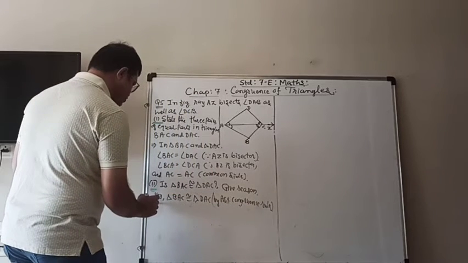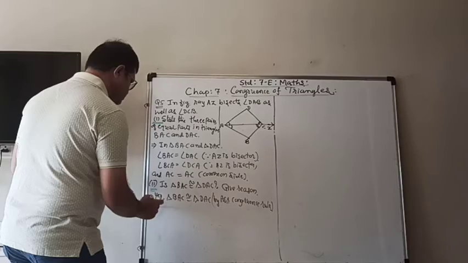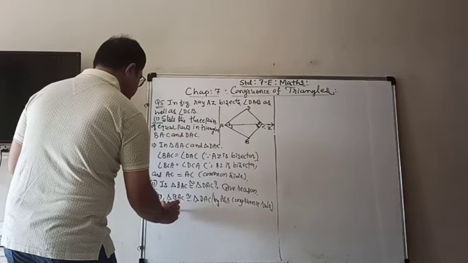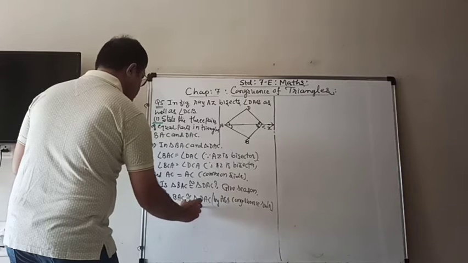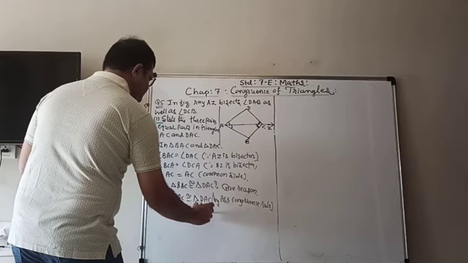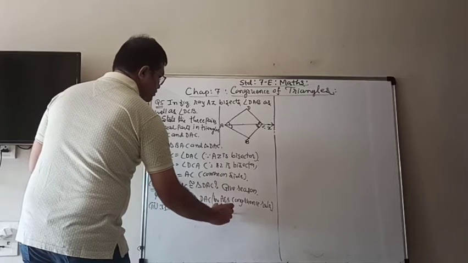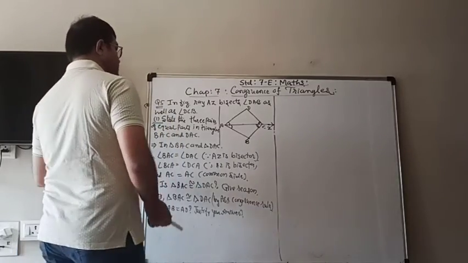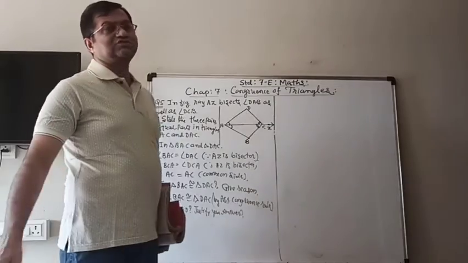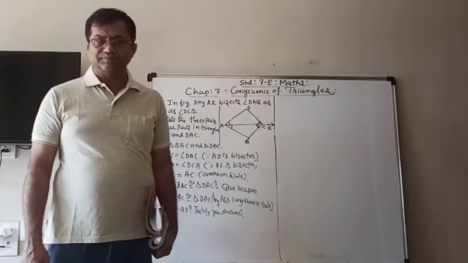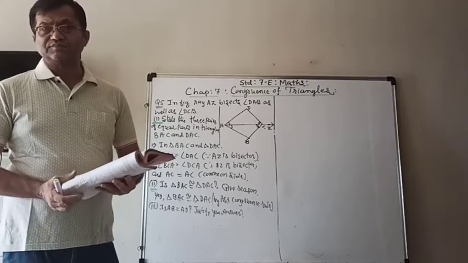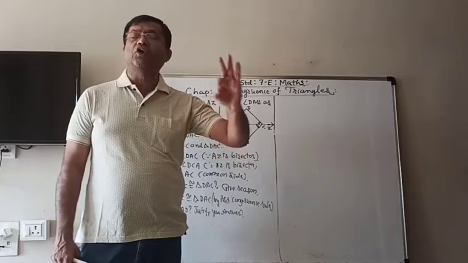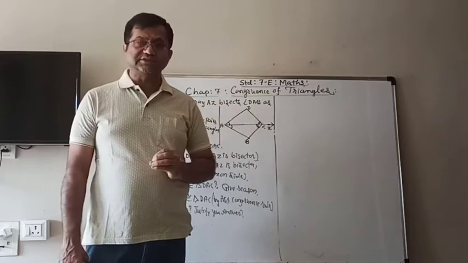Now there is a third question also. Is AB equal to AD? Justify your answer. Now, here we see that when the two triangles are already proved congruent, then the remaining pairs are automatically proved equal, they are of the same size.